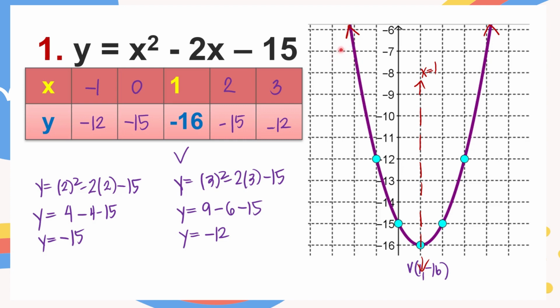So, yun po yung x-intercept. And for the y-intercept, we have here 0, -15, nag-cross yung parabola at point 0, -15. So, this is the graph of quadratic function.